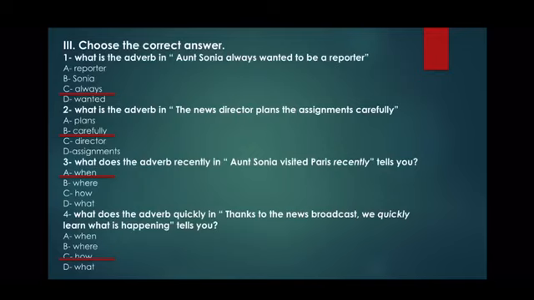What does the adverb quickly tell you in the sentence, thanks to the news broadcast, we quickly learn what is happening? Here you have an adverb, which is quickly. What does it tell you? It tells me how. How do we learn about what is happening? Quickly. So it tells you how.